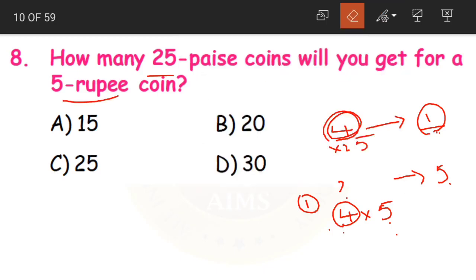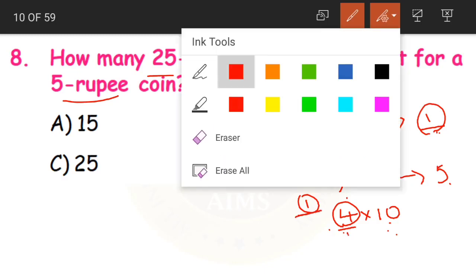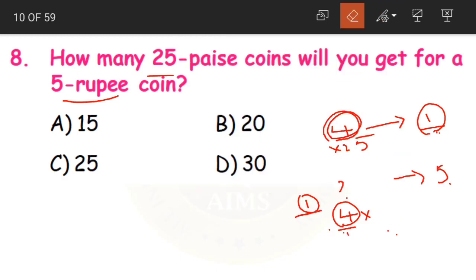Suppose if we want to find out for a 10 rupee coin, we need to multiply this 4 by 10. Understood, children? We get 4 25 paise coins for 1 rupee. So 4 into 5 here. Why 5? Because we want to know the number of 25 paise coins we will get for a 5 rupee coin. 4 into 5 is equal to 20. So we'll get 20 25 paise coins.